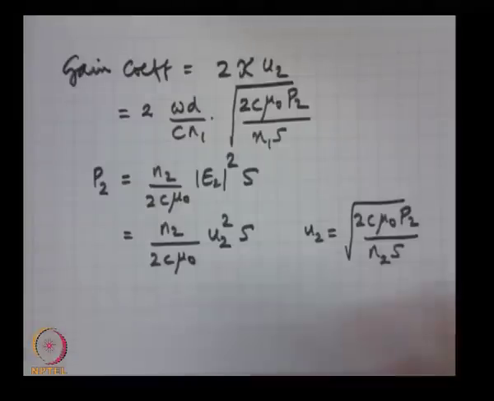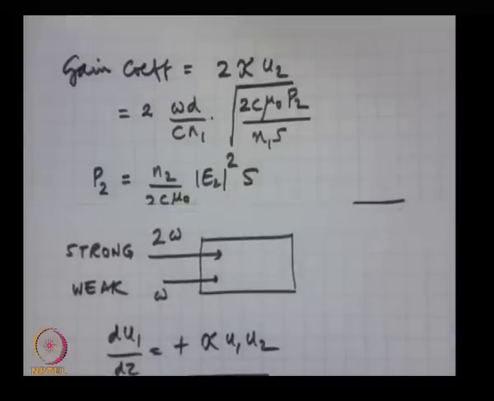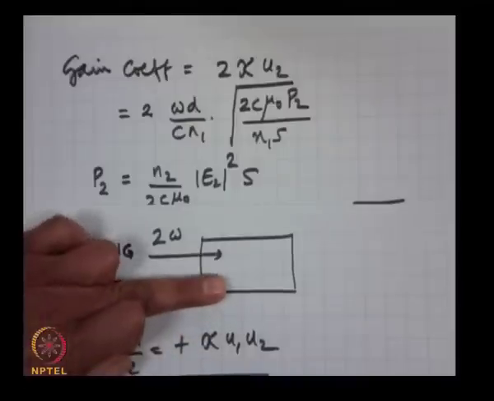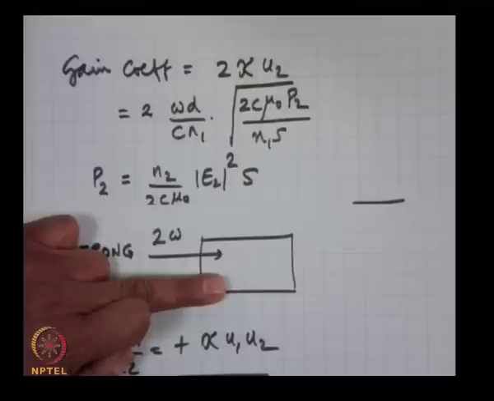So as I mentioned, what is happening here is this 2 omega photon and the omega photons interact, and this omega photon stimulates a 2 omega photon to down convert to 2 omega photons. If I had only 2 omega input, classically I do not generate omega.